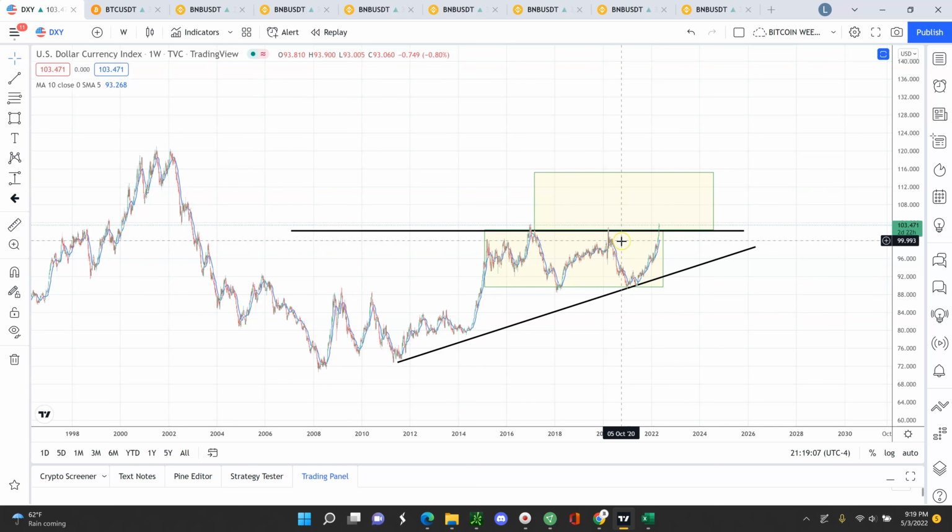Let's see. So about 110 or so on a weekly basis. And I would give that a shorter time frame than what my hypothesis is for the monthly chart. So I would say within a year, this could be sitting at 110 or so.